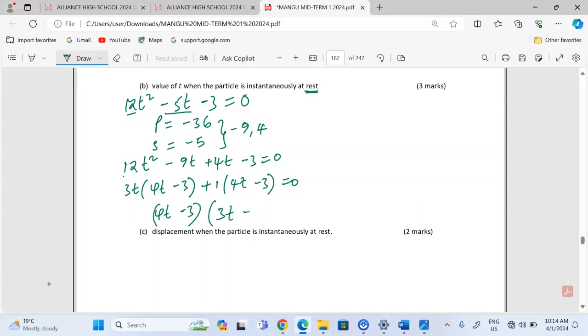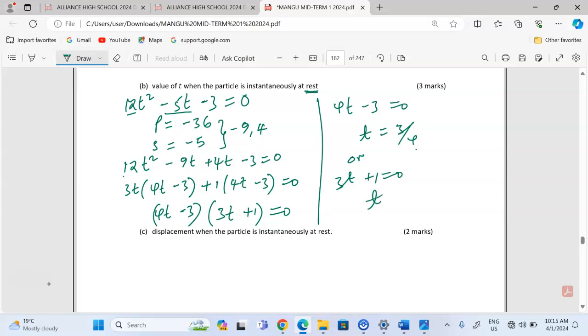Then we have 3t plus 1, all equals 0. So 4t minus 3 equals 0 means t is 3 over 4, or 3t plus 1 equals 0, which means t would be negative 1/3. Remember, t cannot be negative, therefore we stick to t being 3 over 4.